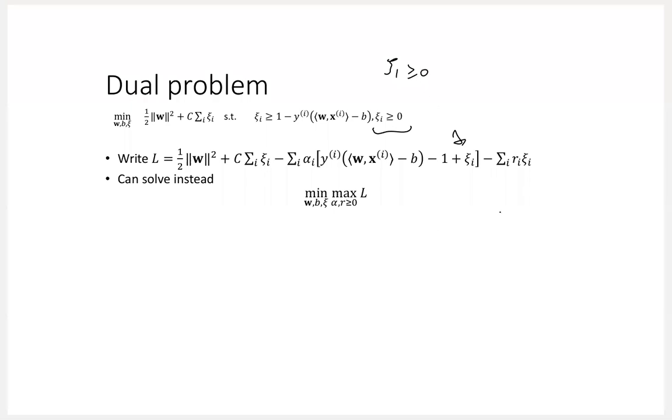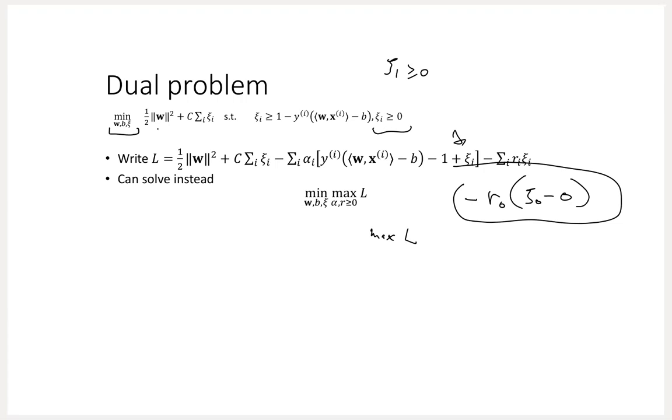So I add the constraint as basically minus R0 times C0, as a kind of penalty to take care of this constraint. Now you look at that: if I have this term here and I try to maximize this, originally I tried to just minimize this thing, right? So now I'm replacing this with maximizing alpha.